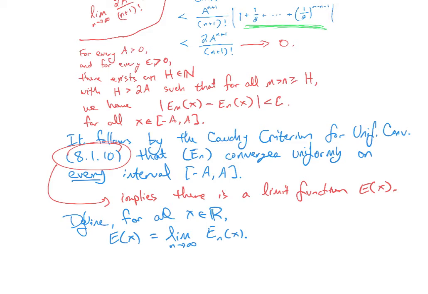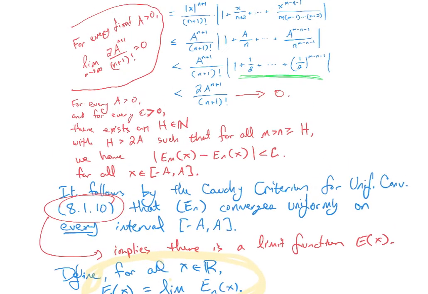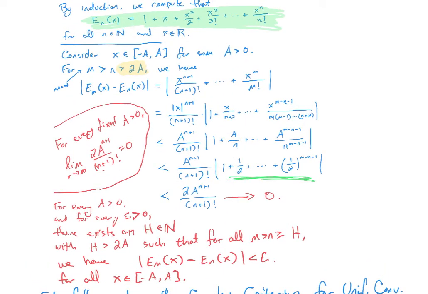Let me just go over this one more time. I want to emphasize that this definition here, you can go back up here. If you consider x to be fixed, then for every x there is some a so that we can put x in this bounded interval. These computations will all be true.